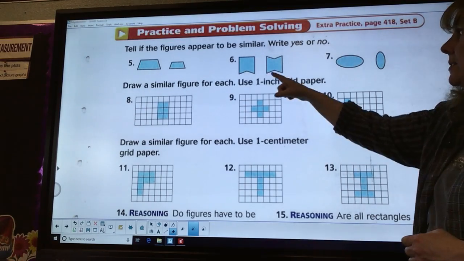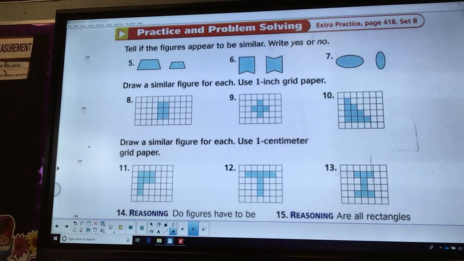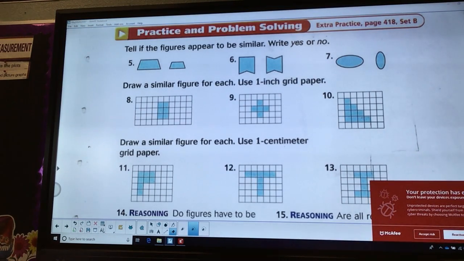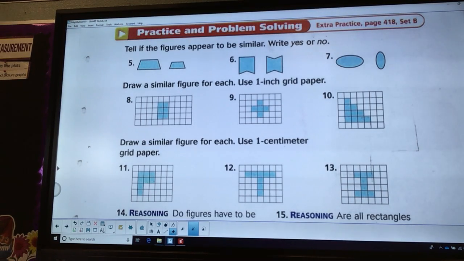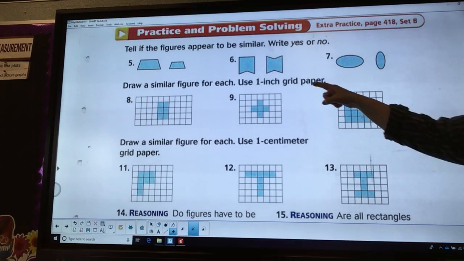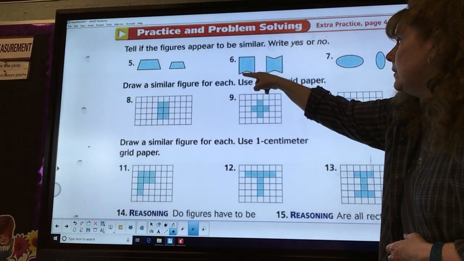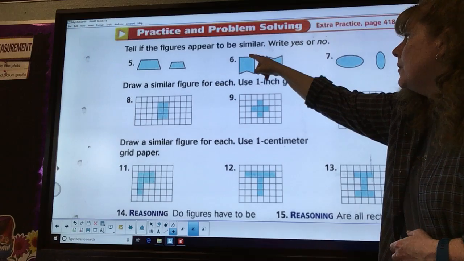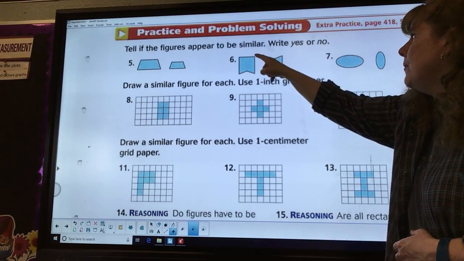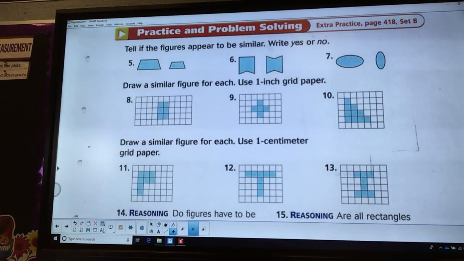Now, 6 is another tricky one. Let's take a look at that. I want you to take a look at that for just a minute. We have a little dip in it there, but what do you notice about the top here? That one doesn't have that little notch cut in it, does it? Okay.